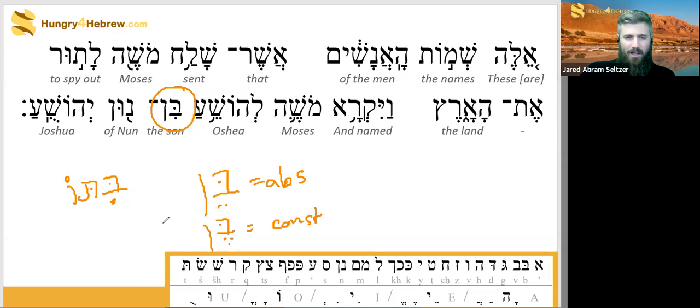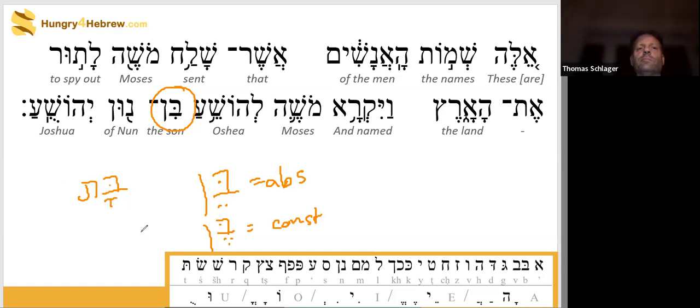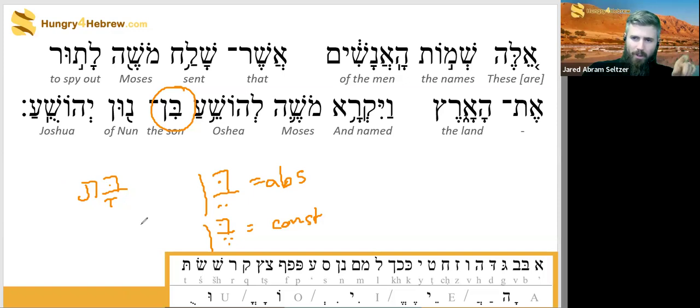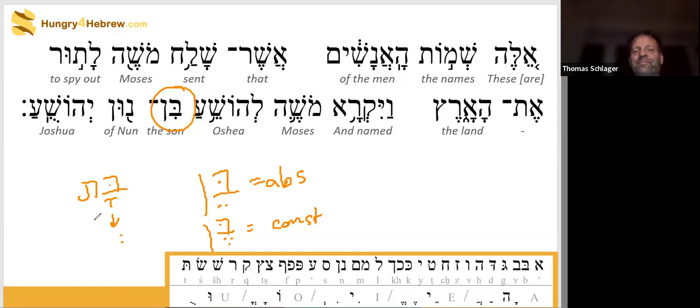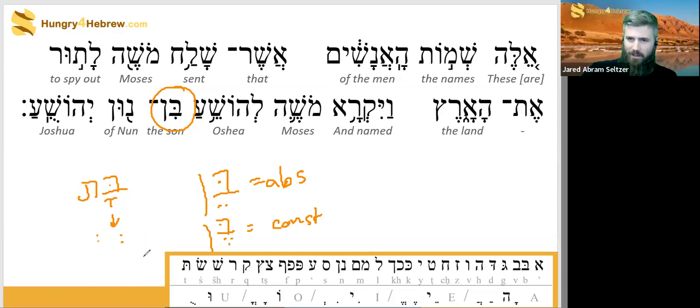So here's kind of what happens in Hebrew: the original vowel of daughter is probably bat, like this. In an attempt to rush to pronounce it quicker, it drops to a shva. And this also technically has a shva at the end of it. You can't have two shvas, so it goes to chirik or something like that.